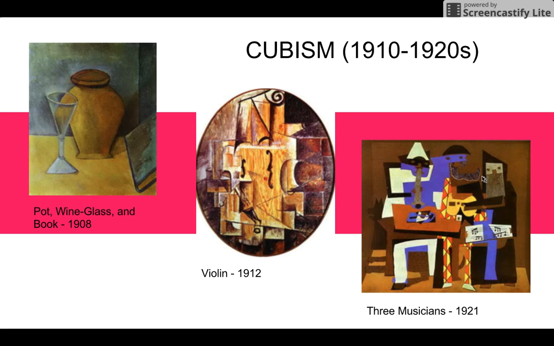But you still have an idea of where the faces are. So we have one here, we have one over here, and then we have our third guy over here. And the more you look at it, you see a guitar, you see what looks to be music notes, and this guy is playing maybe a clarinet type of instrument.